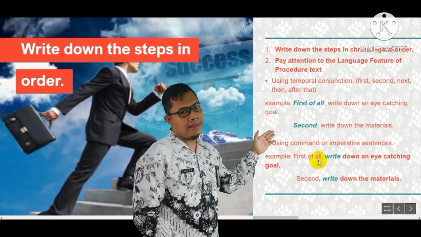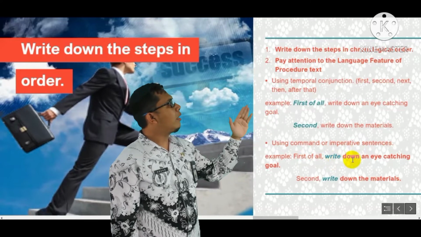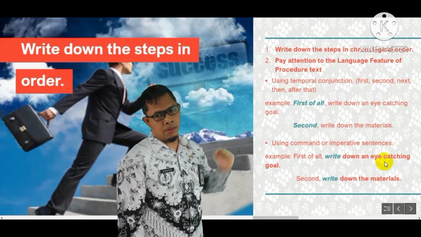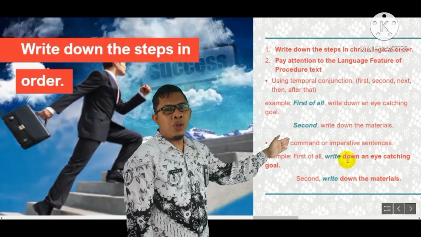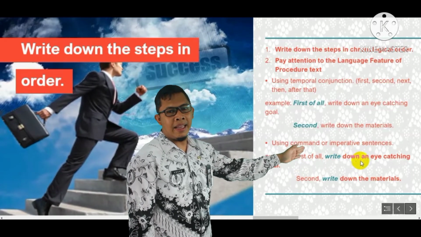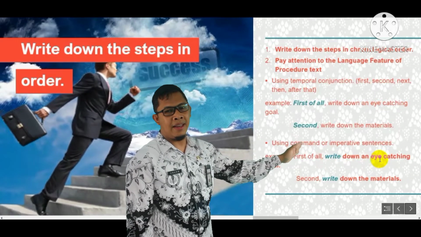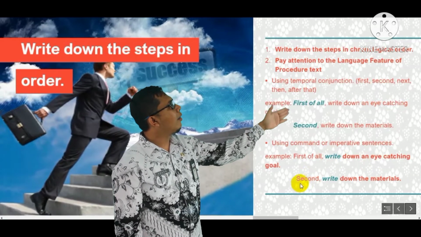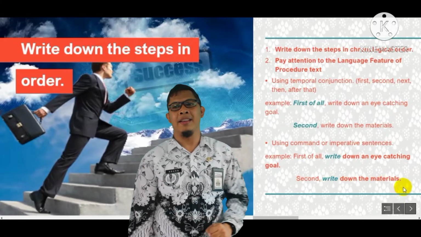You can see the example. Yeah. Write down an eye-catching goal. Tulislah judul yang menarik perhatian. Tulislah goal yang menarik perhatian. And then second, write down the material. Tulislah bahan-bahannya.